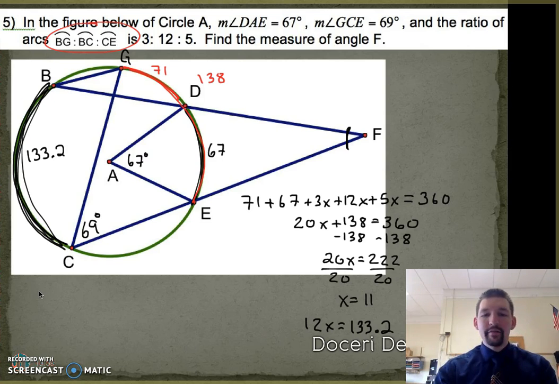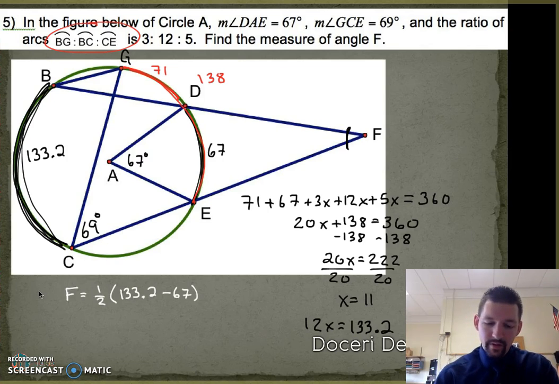And now that we have our big arc here and our little arc here, we can plug that into the formula, saying that angle F is going to be 1/2 133.2 minus 67. And if you put that whole thing into your calculator, figure out what it is, you'll actually end up with angle F equaling 33.1 degrees.